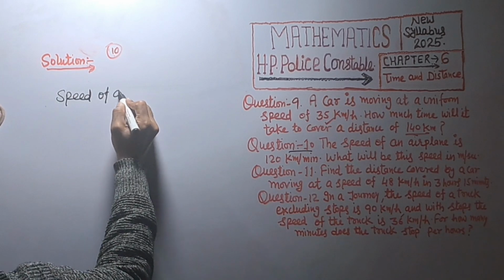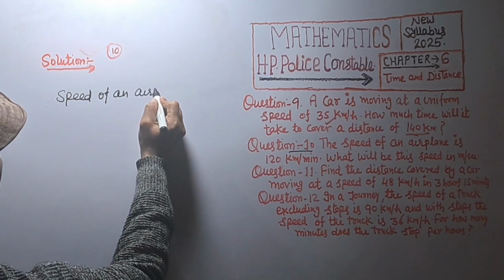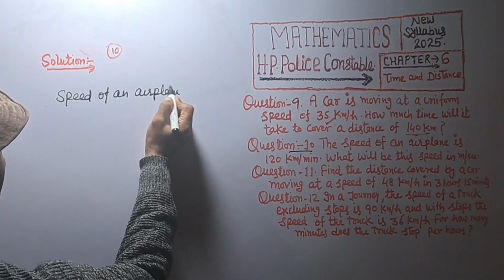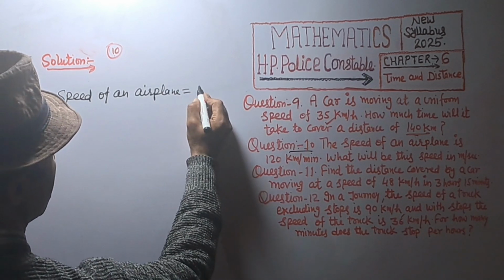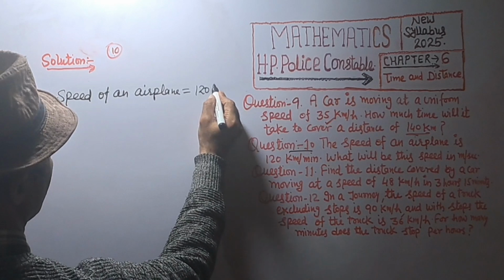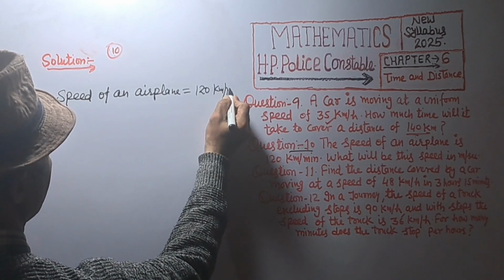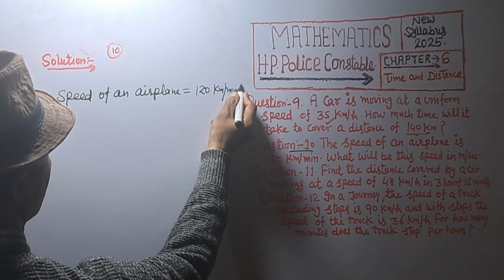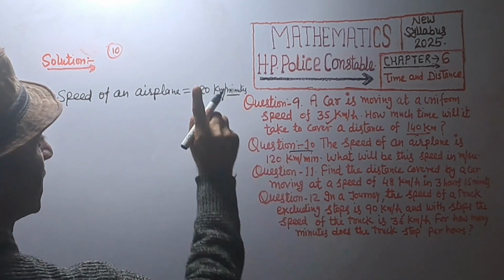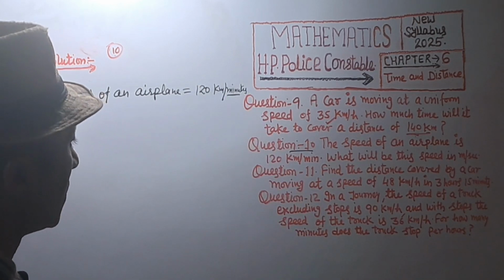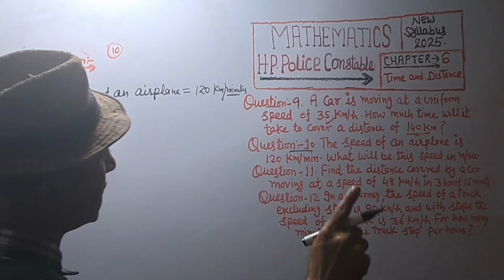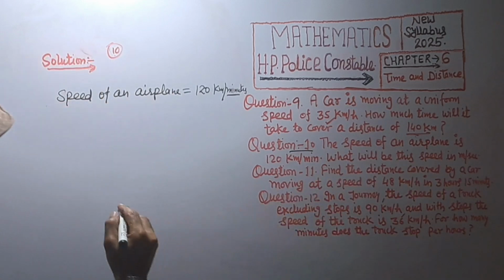Speed of an airplane is equal to 120 km per minute. What will be this speed in meter per second?